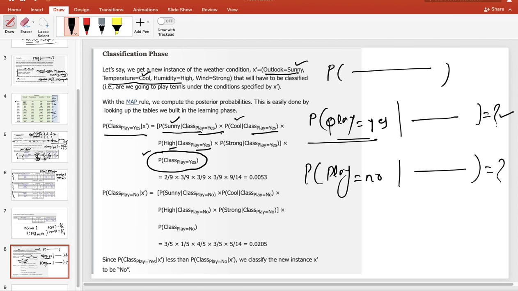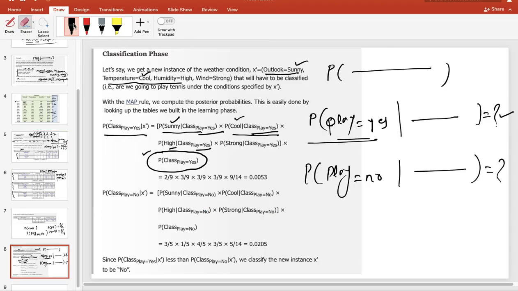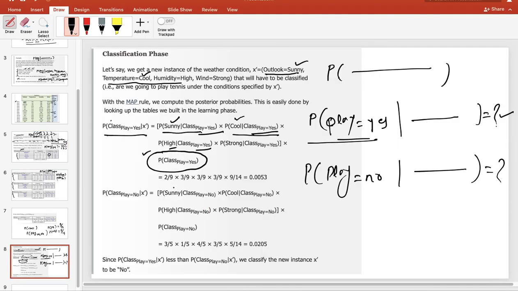These values we have already computed earlier, so we just need to put in those values here. Let me show you. From here we can see the probability of sunny given class yes is 2 by 9. I'll put this 2 by 9 here.